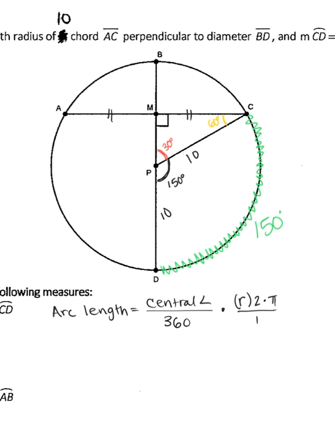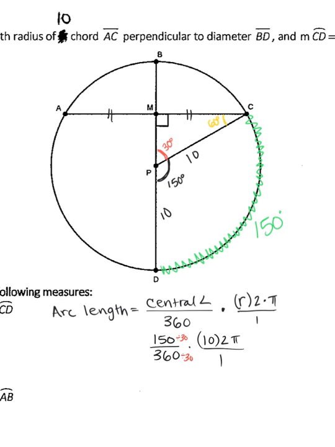So let's go after the arc length of this. His central angle must be 150. I'll put that over 360 and times my radius, which is 10, times that by 2 and stick a pi with it. Let's go ahead and reduce that 150 and 360. I'll divide both the top and the bottom by 30.